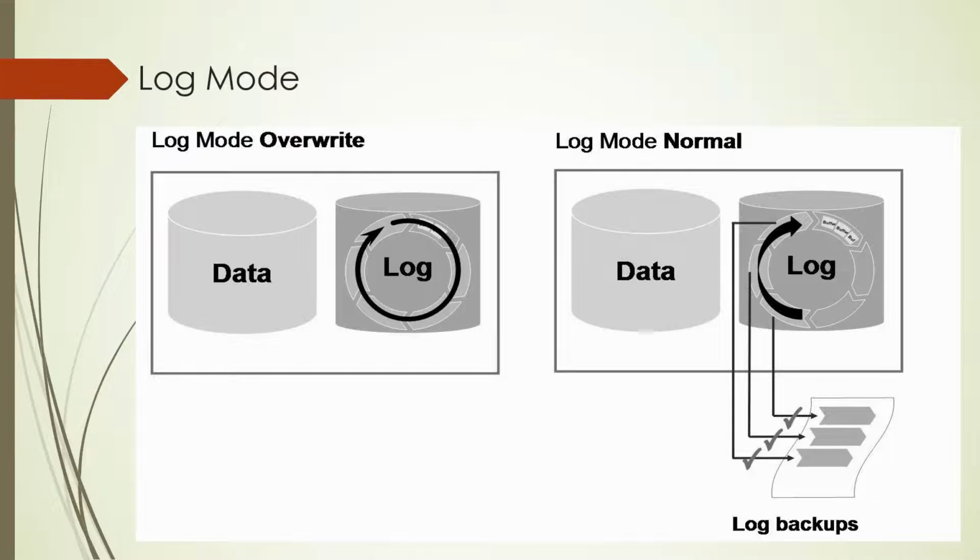If you see in the systems, I will show you. Even though the log mode is normal and the log is configured for automatic every 15 minutes, still the log backup is not happening. Why? I will explain that.